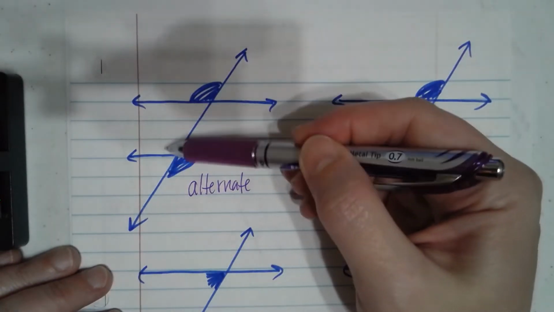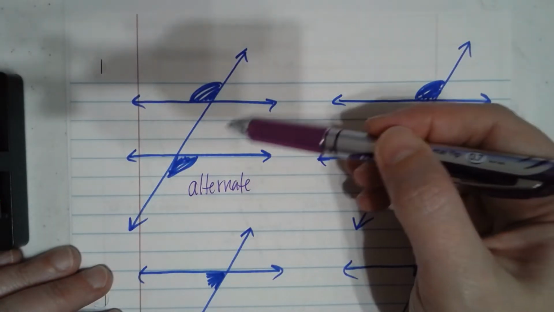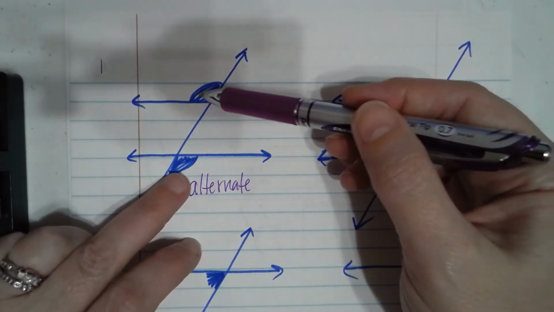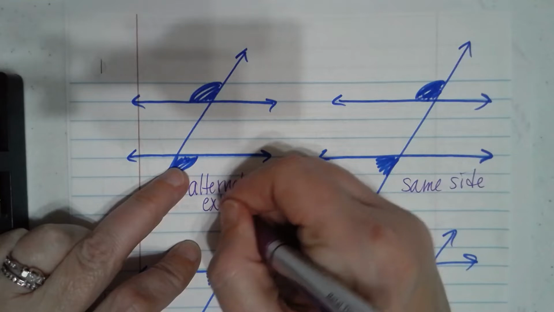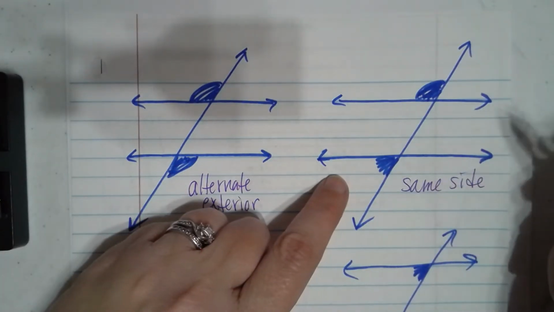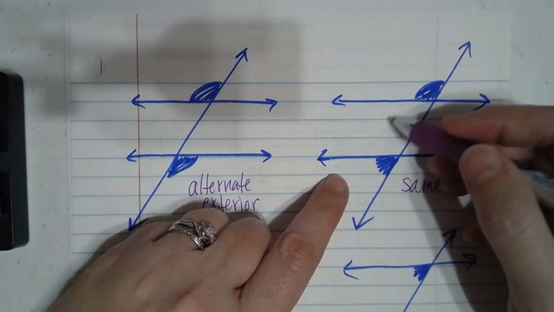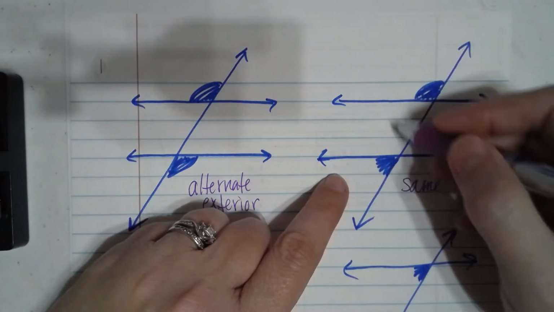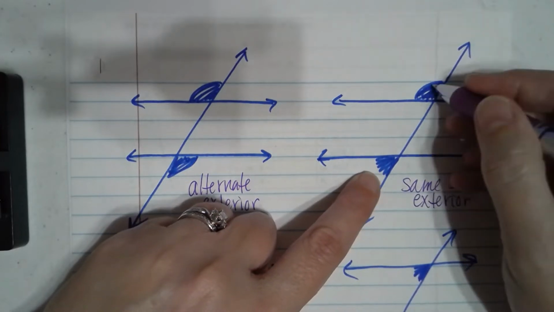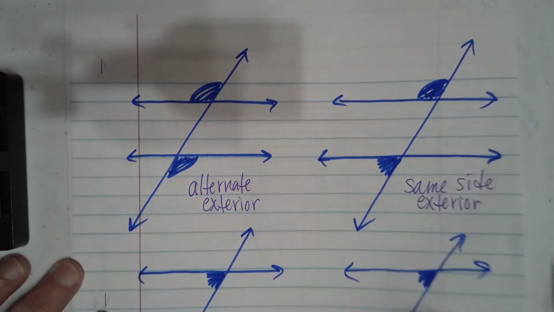So in between here is the interior, and notice that neither of these angles are in between these two lines. So these are called exterior on the outside, alternate exterior. Okay, and in between here is interior, right? This is interior, so these are exterior as well, but they're on the same side, exterior.